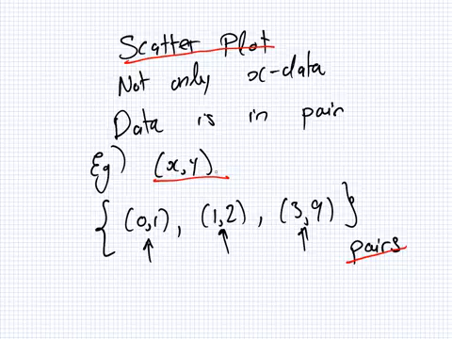Fair enough. Now, in business, what might be an example of some data like this, where each element is a pair? Any examples you can maybe imagine? It doesn't have to be business, anything. What can you think of?